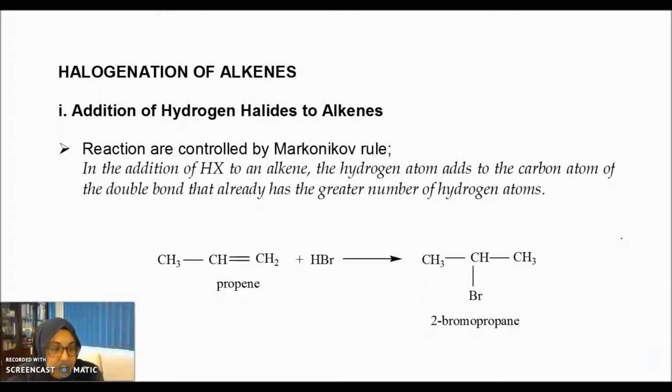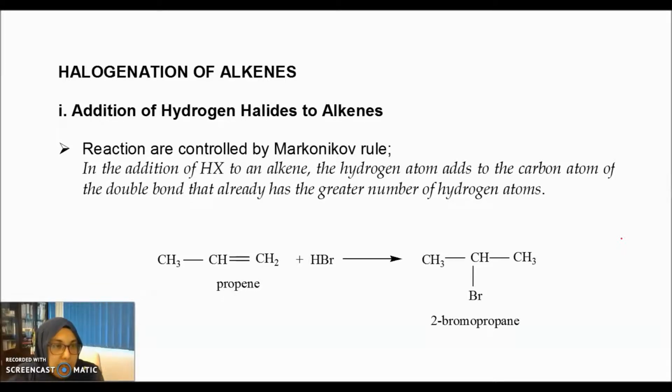In addition to that, we also have to look at the reactions of alkene. You can see the previous example in the lecture notes as well as the live video for halogenation of alkene. We can have two types of halogenation.